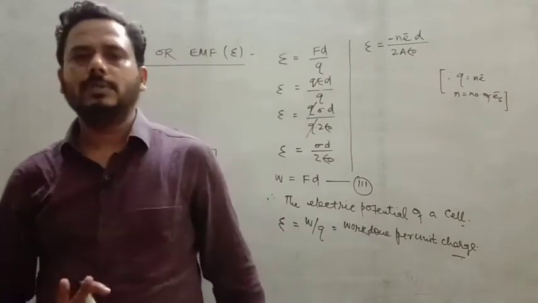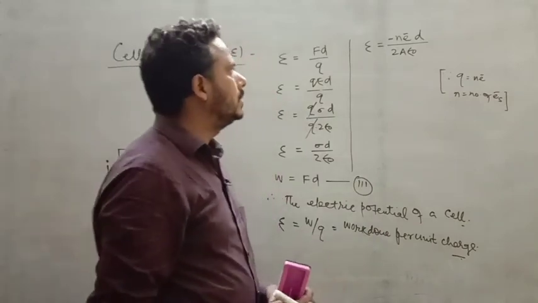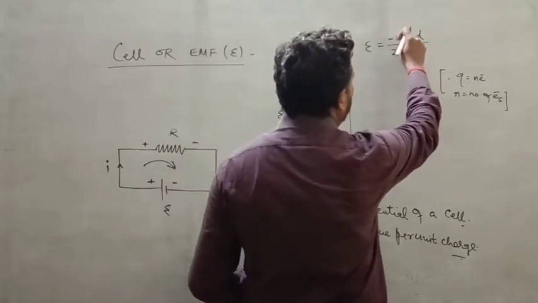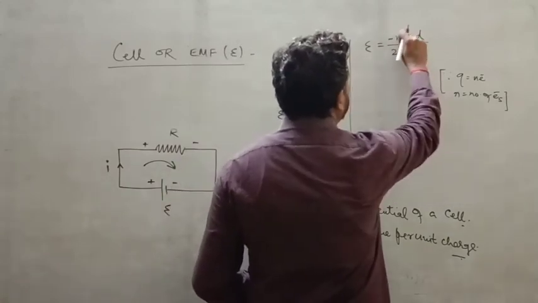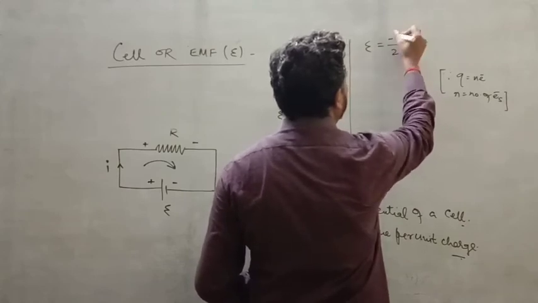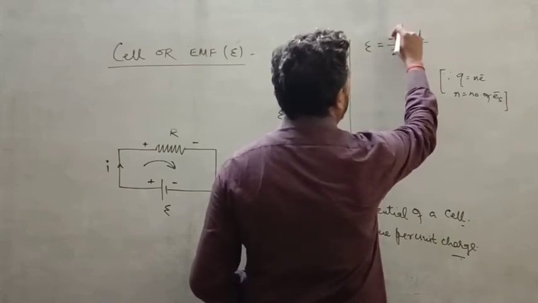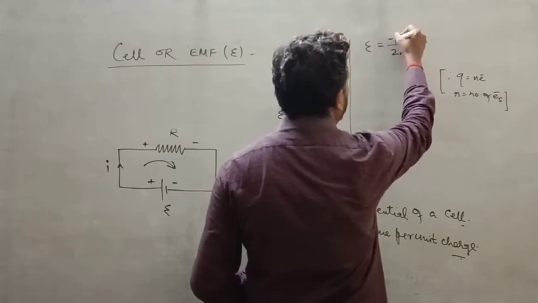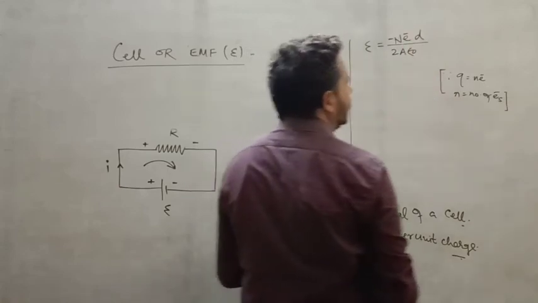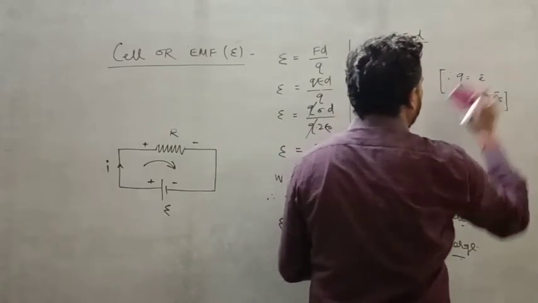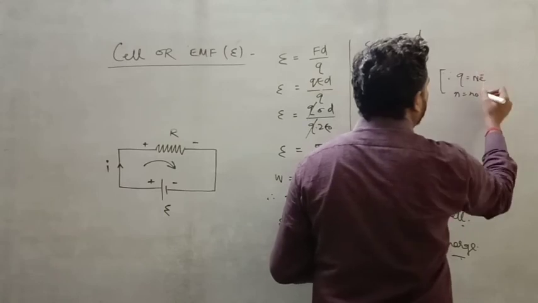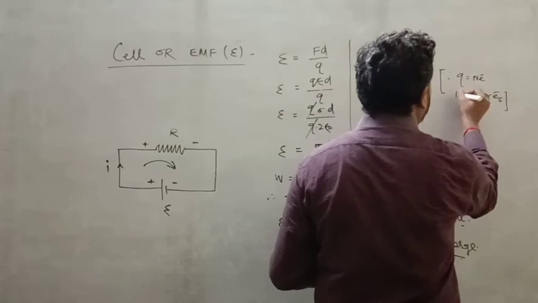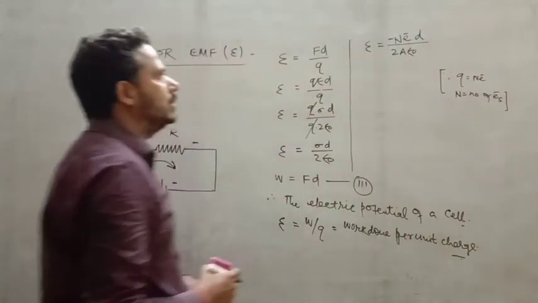No, this is simply the number of electrons. Otherwise you can also replace this N by capital N. So here this capital N represents the number of electrons.